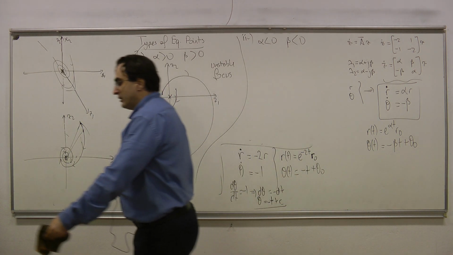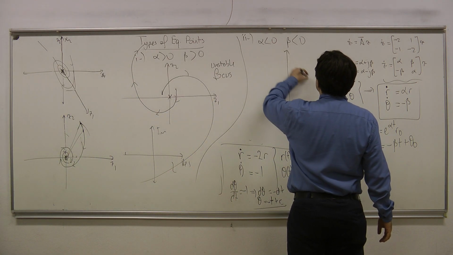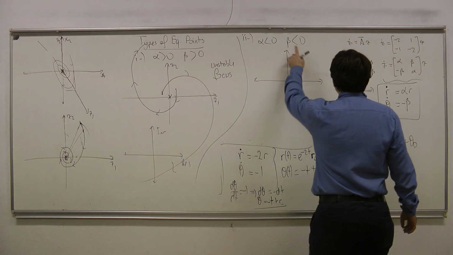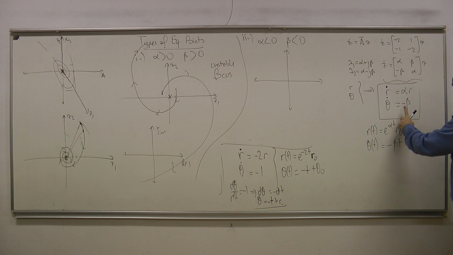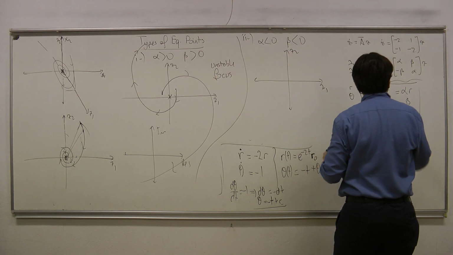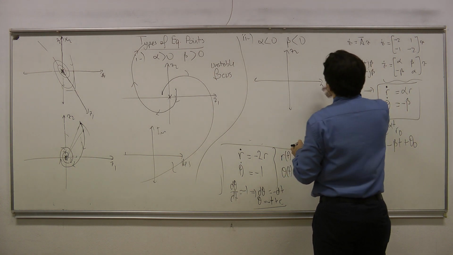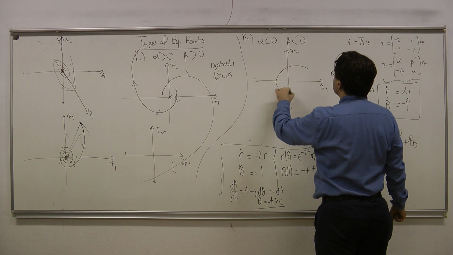So in this case, alpha is smaller than 0, and beta is smaller than 0. If beta is smaller than 0, then theta dot is going to be positive. That means counterclockwise rotation in the Z1, Z2 plane. And I see that alpha is smaller than 0, so the radius is going to be getting smaller and smaller.